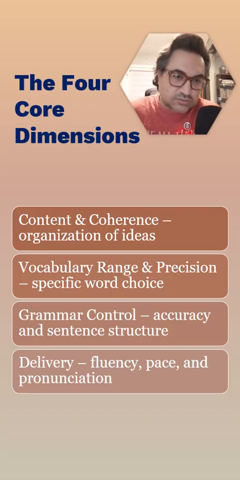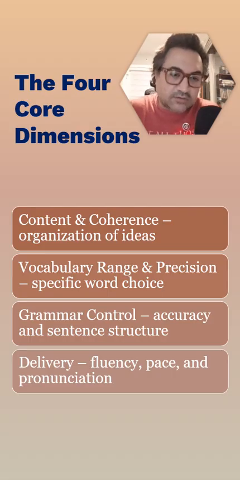So range means how many different types of lexical resources you can use and how precisely you can use them. So, for example, do you say interested instead of keen? Do you say keen on or keen in? These types of specific prepositions that you have to use with the vocabulary and the exact right vocabulary about something.